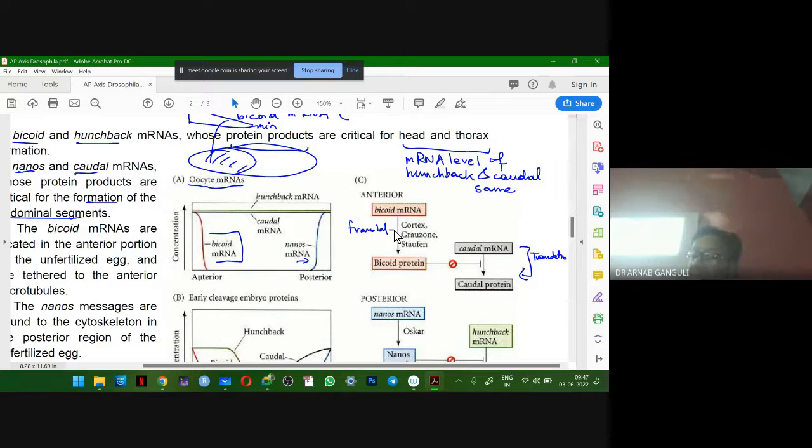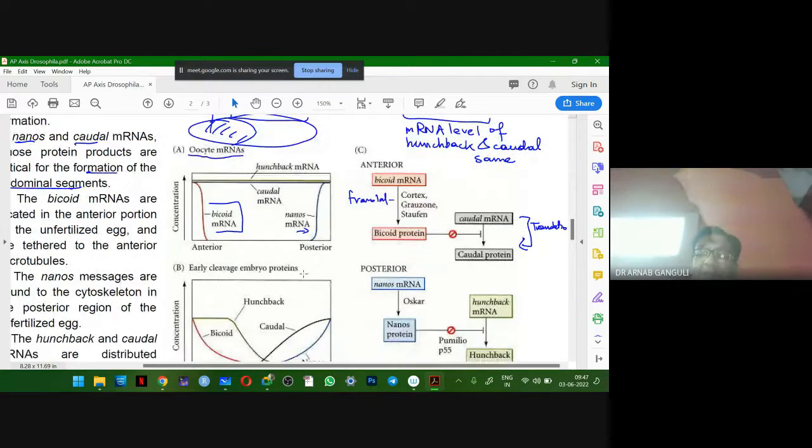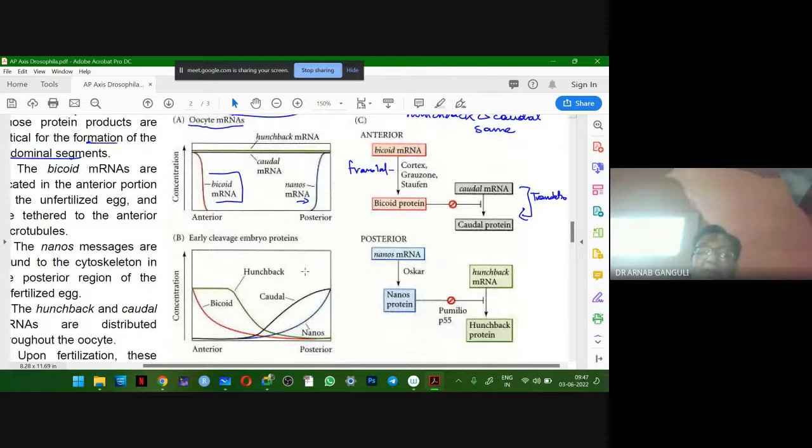So if you see the level of caudal protein, just because bicoid is high over here in the anterior region, this caudal protein is not made, because bicoid protein stops the translation of caudal protein. Clear?